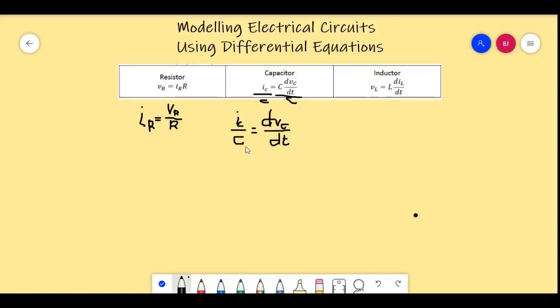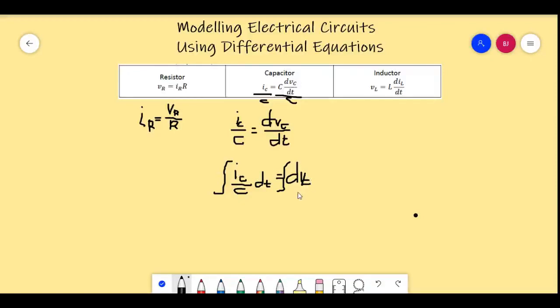Okay. So we multiply both sides by dt. So we will be getting IC over C dt equal to dVC. Now if we are to get VC, we integrate both sides.